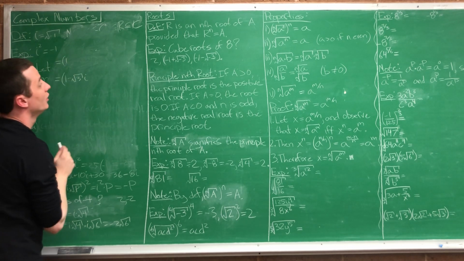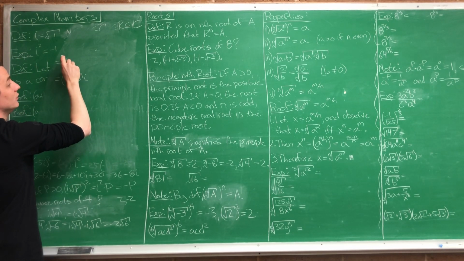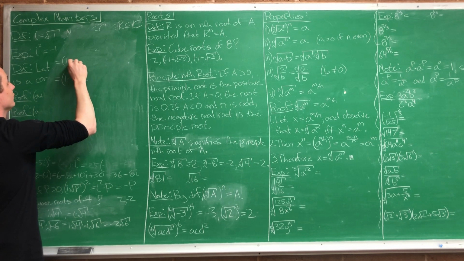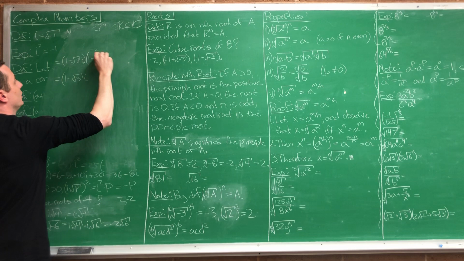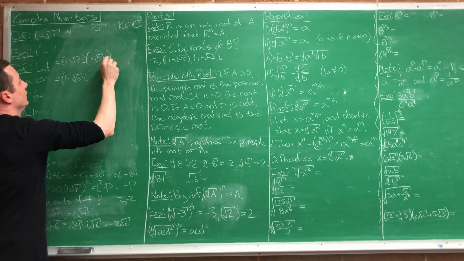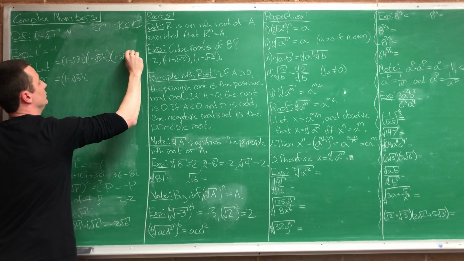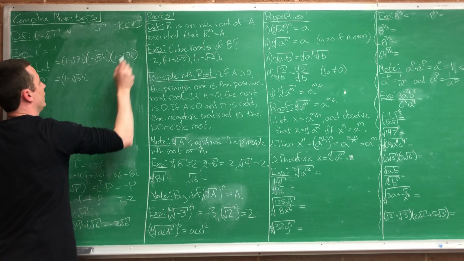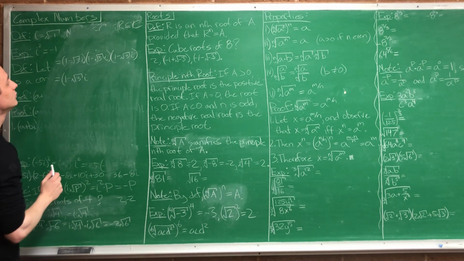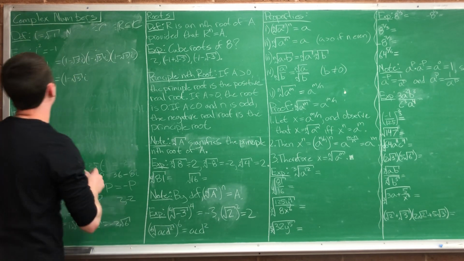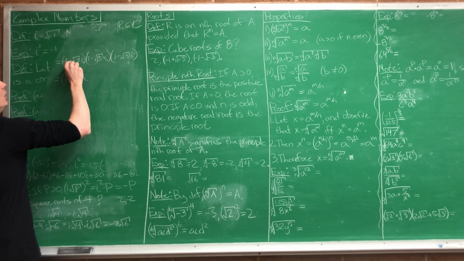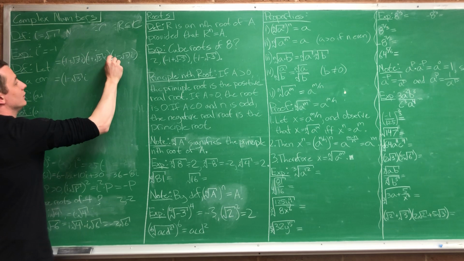So we're looking at 1 minus the square root of 3i times 1 minus the square root of 3i times 1 minus the square root of 3i. Right? Isn't it negative 1 plus the square root of 3i? Is that the one we're doing? Yeah, you got it mixed up. Negative 1 plus, negative 1 plus, negative 1 plus.